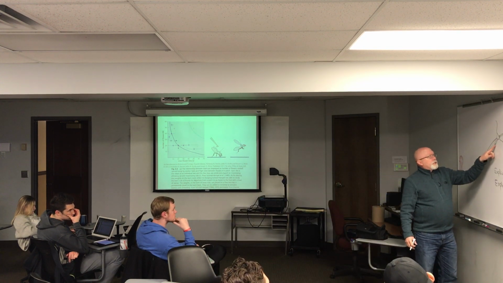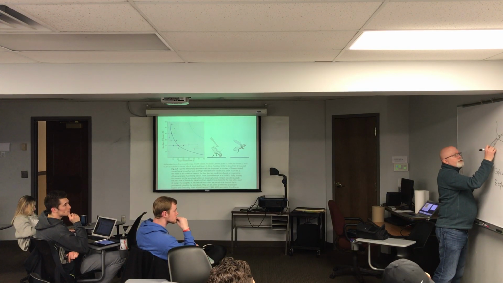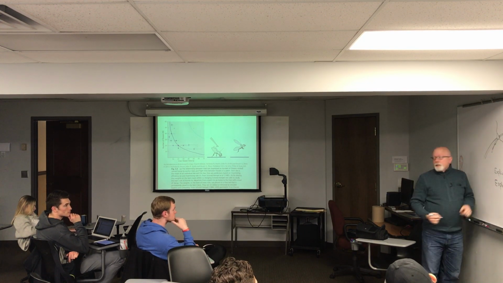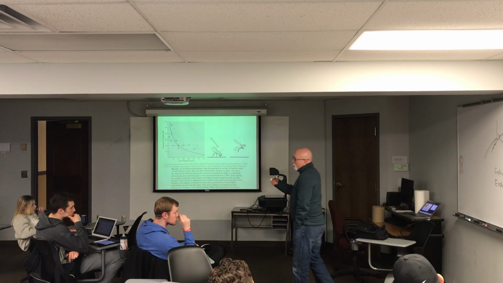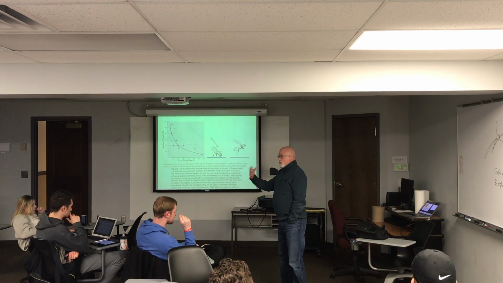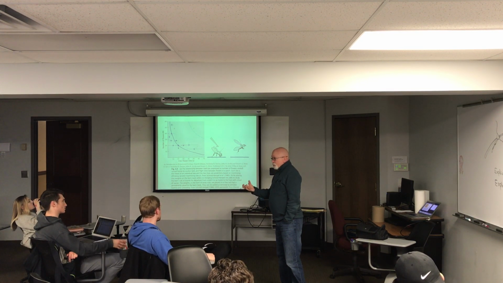But as the moth comes here and forages on the nectar, the act of foraging reduces the level of the nectar in the nectary, making it harder and harder for it to get more and more energy, more and more nectar out of the flower. So in this case, each flower is a patch.